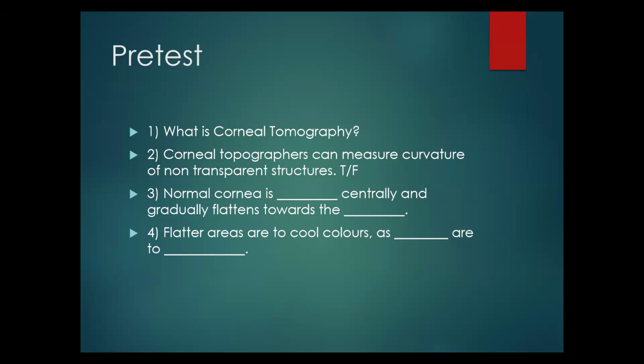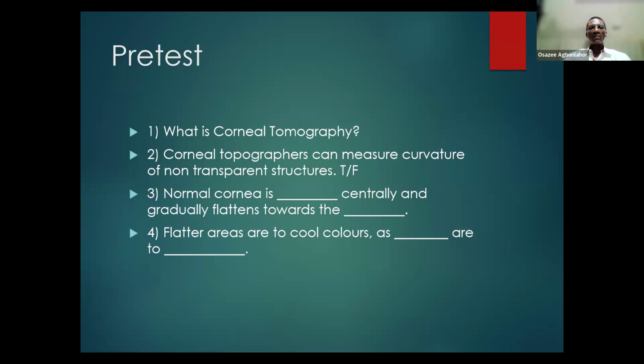Okay, so for you to know if a topographer has that ability, when it's presenting its results, it has a function of asking if you want the front surface information or the back surface information.